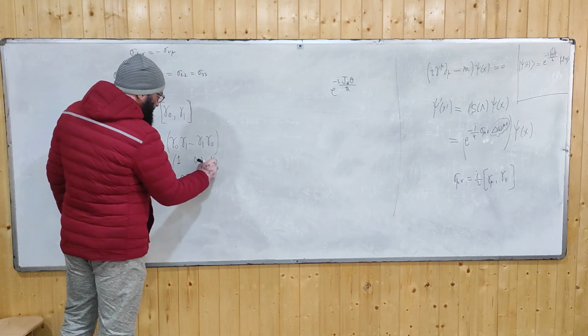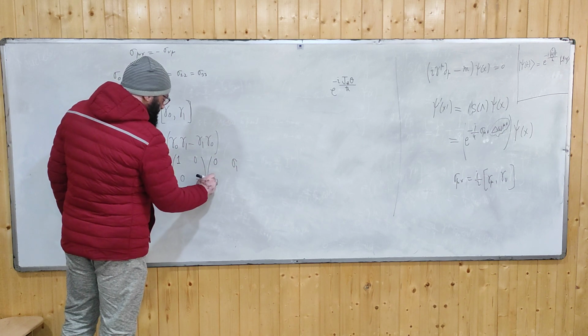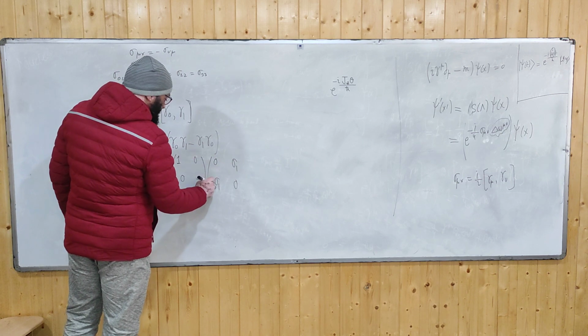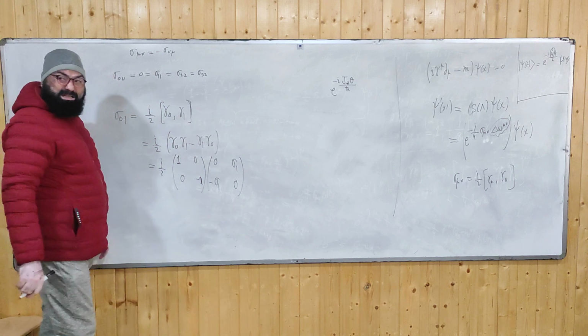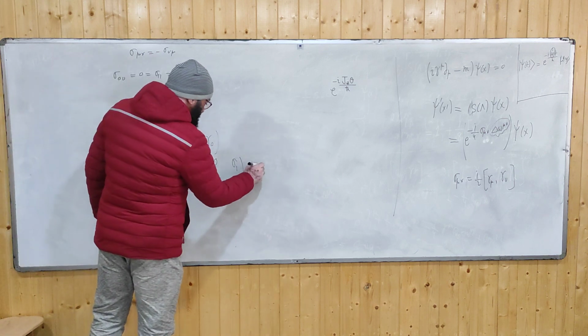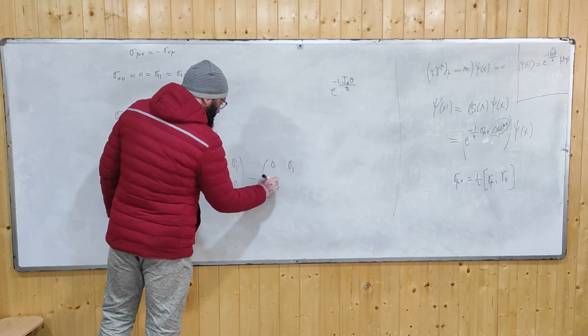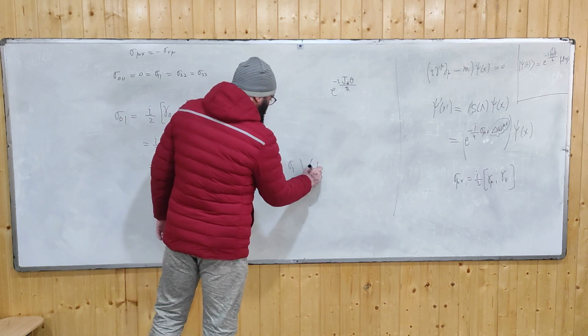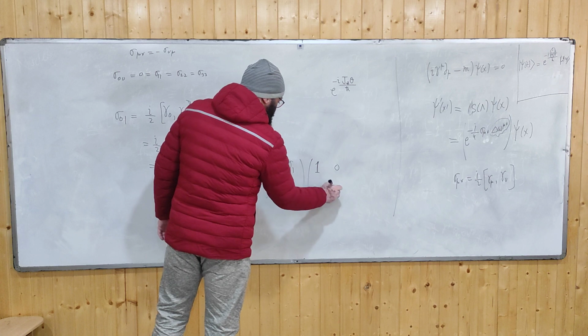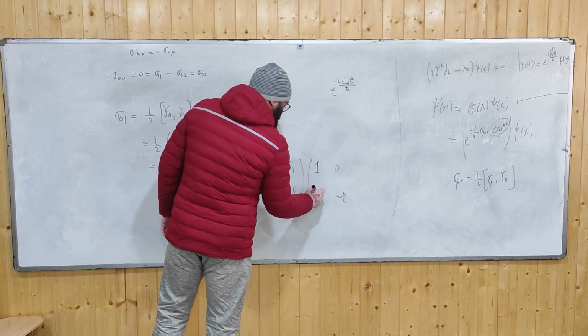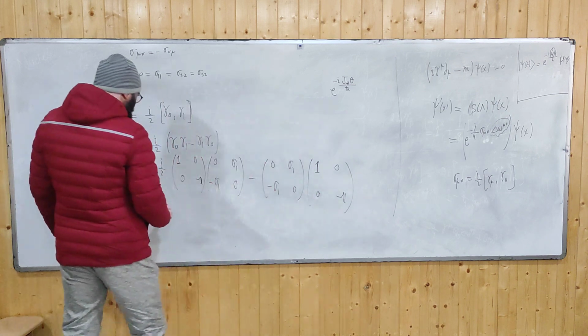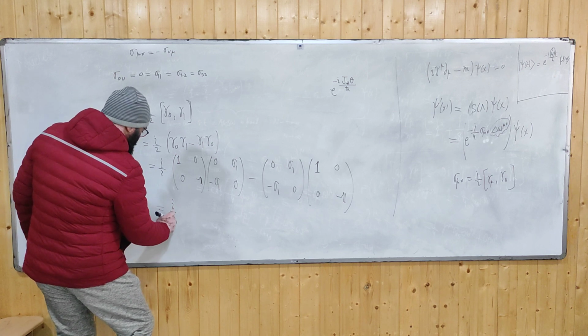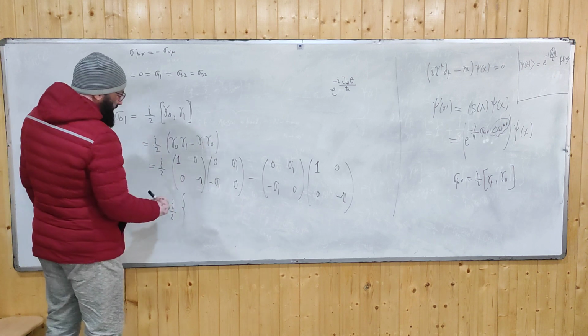So what is gamma 1? It is 0, sigma 1, minus sigma 1, 0. Sigma 1 is a Pauli spin matrix, 0, 1, 1, 0. So identity, minus identity. So you multiply.